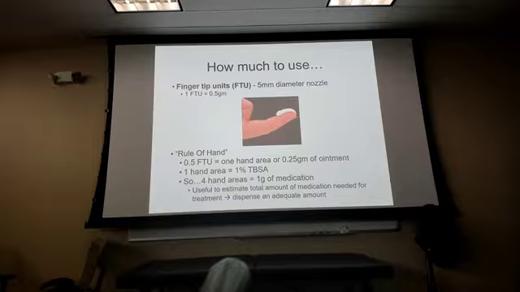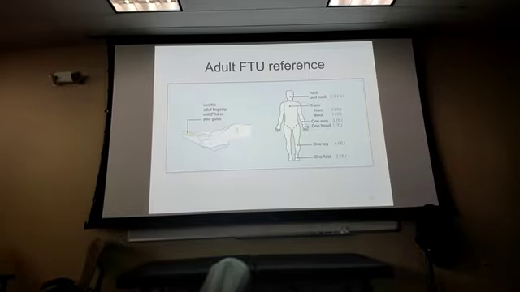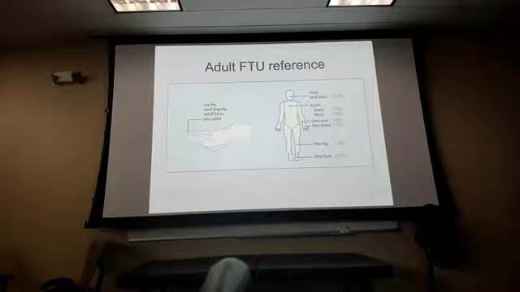And it breaks it down, right? The key component is not only 1 FTU, but the areas, okay? So FTU is that fingertip, right? So it's from the DIP down to the tip. You can see how it breaks it down. So one hand is 1 FTU.